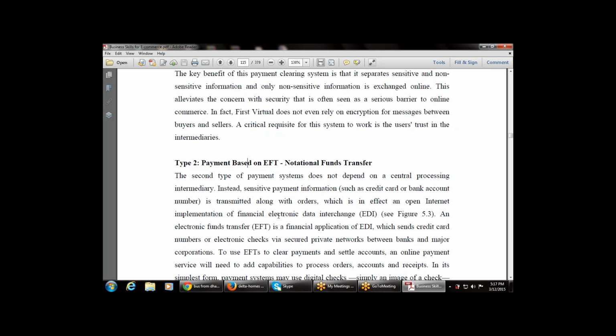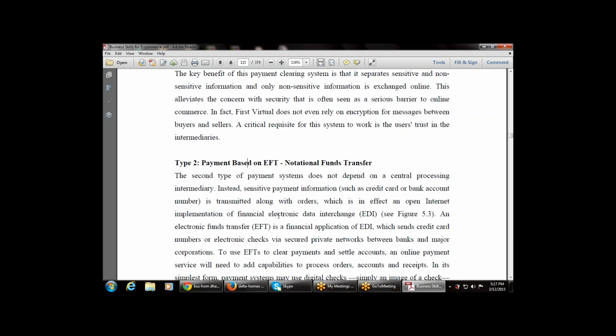And EFT is a financial application of EDI. So one of the major financial applications of EDI, the electronic data interchange, is EFT, which sends credit card numbers or electronic checks via a secured private network. This is the most important line.